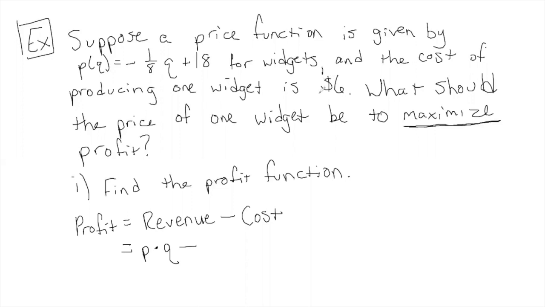So if each thing costs 6, and I'm selling a general amount Q, then my cost is going to be 6 times Q. If I'm producing 3 things at $6 each, I would assume that it's going to cost me $18, right? 6 times Q. So here's my revenue function.